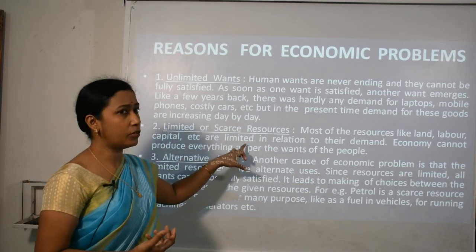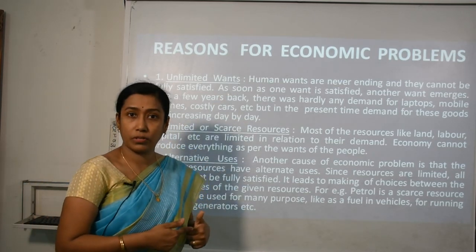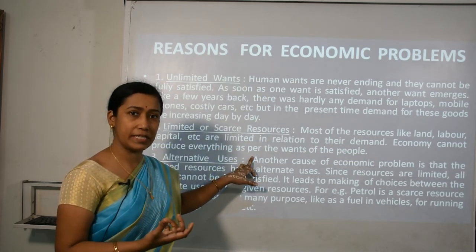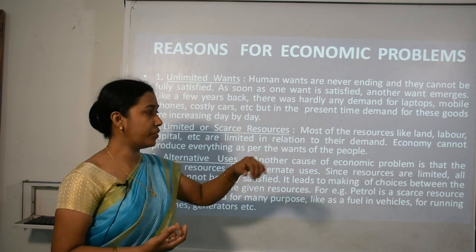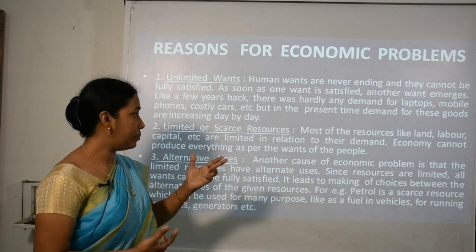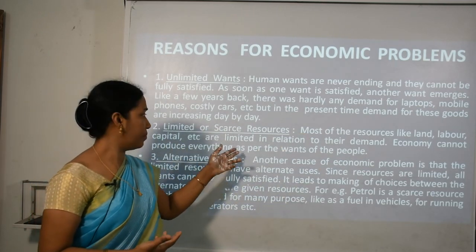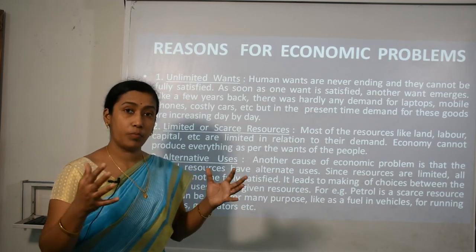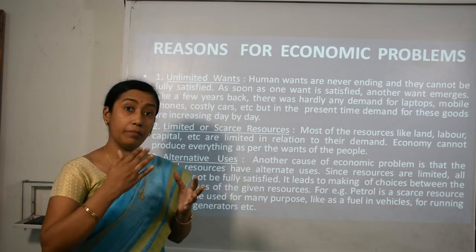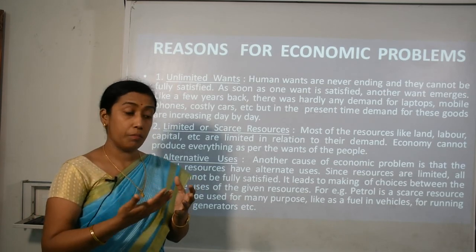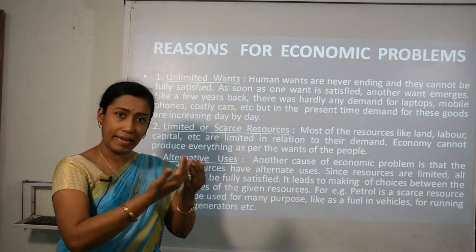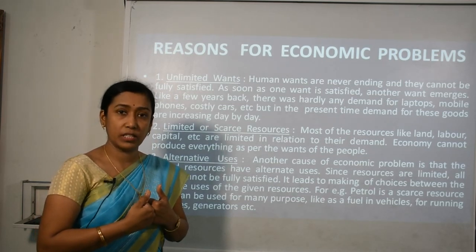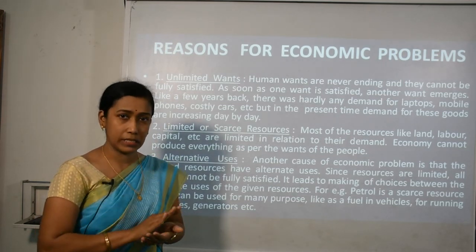Second is limited or scarce resources. This is also one of the causes. We have unlimited wants, but resources are limited or scarce. Most of the resources like land, labor, capital, etc. are limited in relation to their demand. Population keeps on increasing, our demand is also increasing, but the resources from where we get these products to satisfy our needs are scarce.